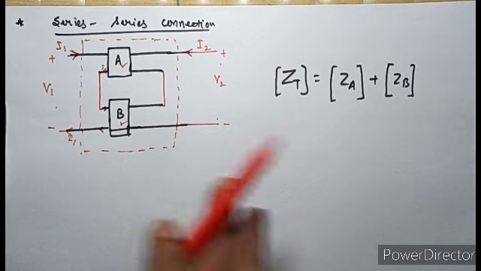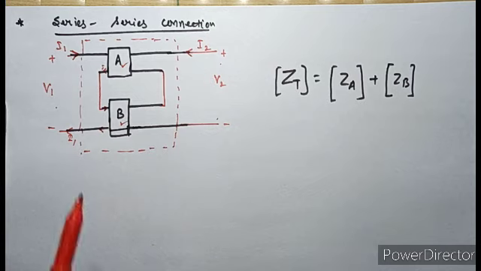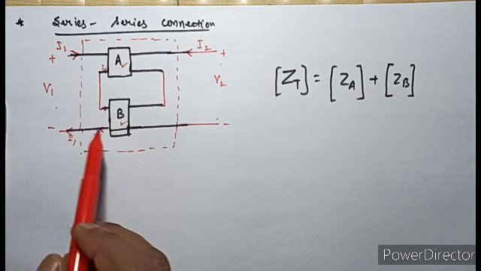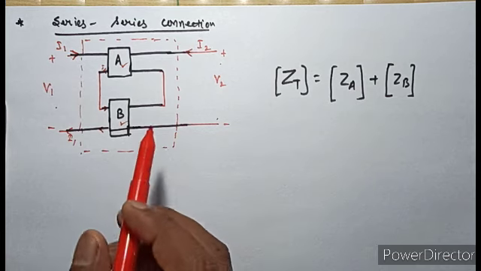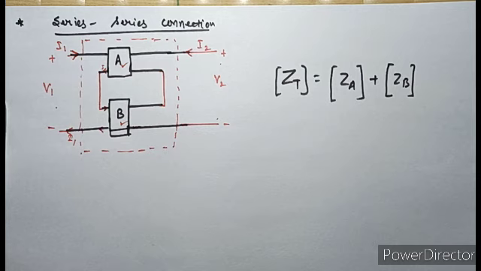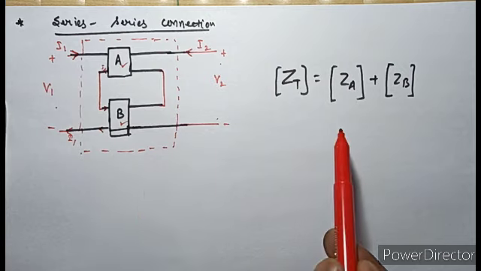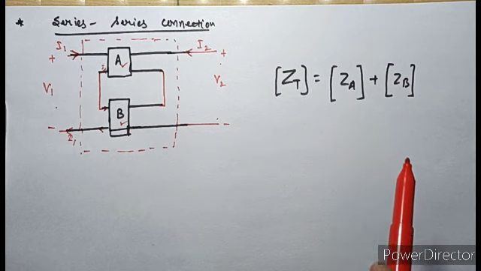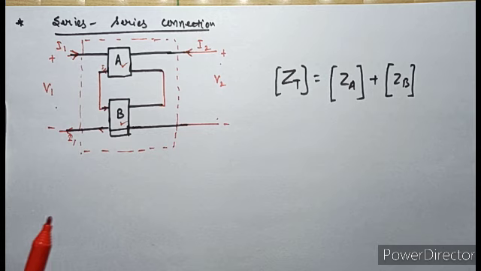So our condition is satisfied. Means this is a valid connection, right? In series connection, if the two matrices are given as Z matrix of individual networks, then their Z matrices get added in the resultant Z matrix, right?